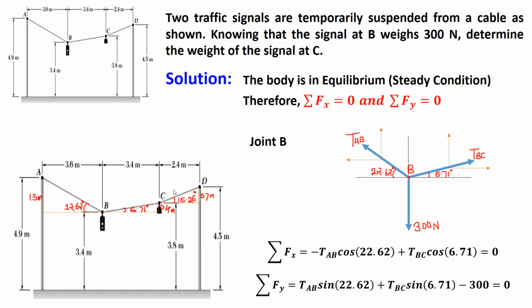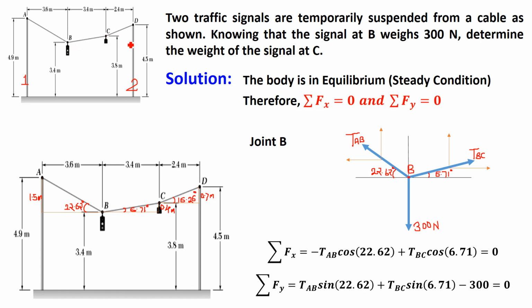So if you look at this problem, there are two signals attached to two poles with the help of cables. This is pole number 1 and this is pole number 2, and there are two signals, signal at point B and signal at point C, which are connected to these two poles with the help of three segments of cables. So cable AB, cable BC and cable CD.